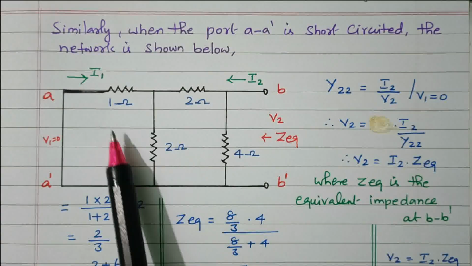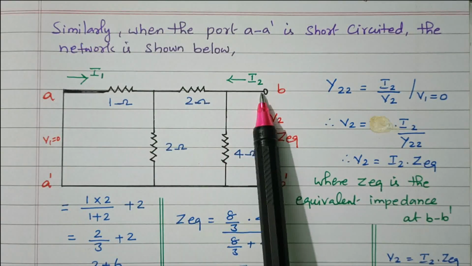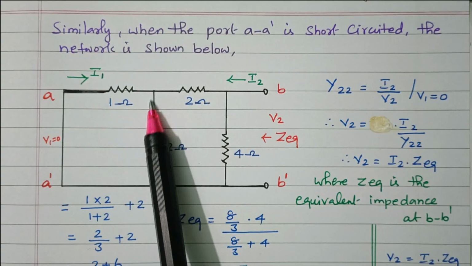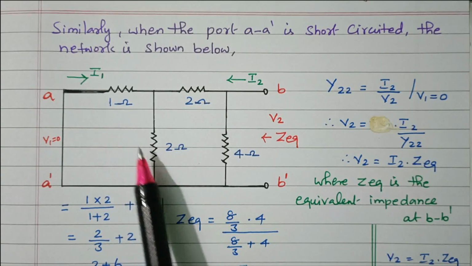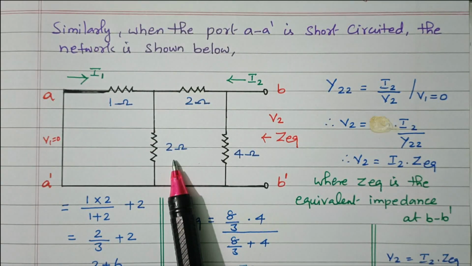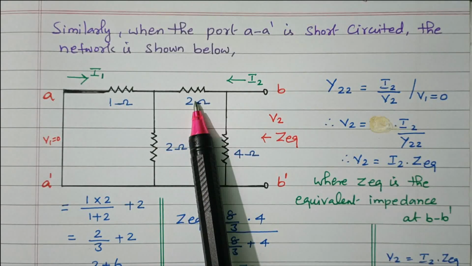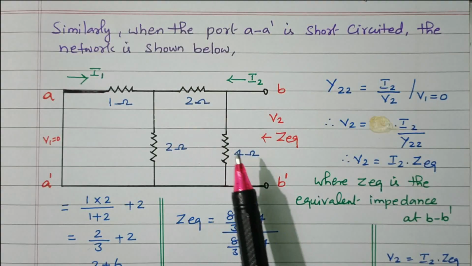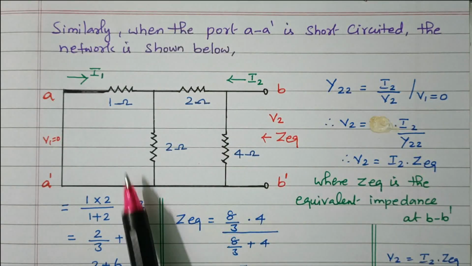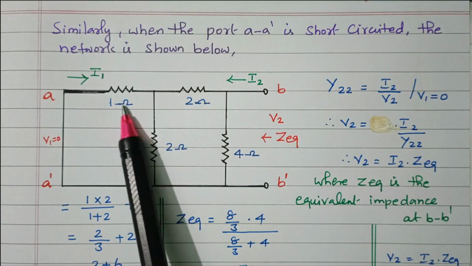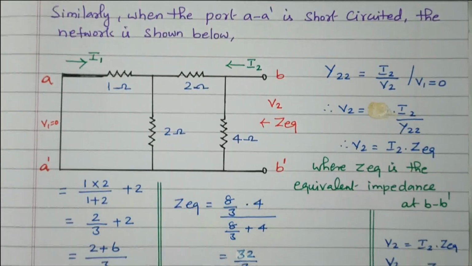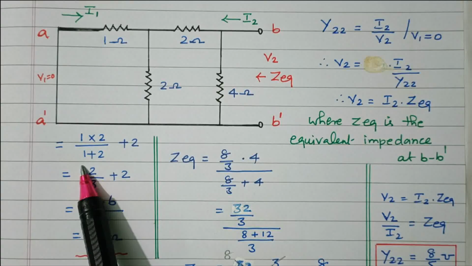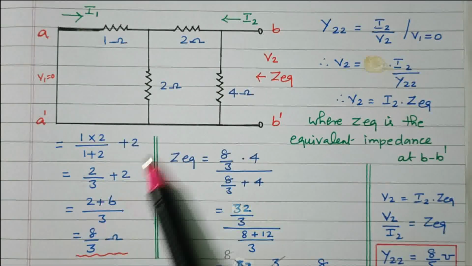So what happened here? The current is diverted here, and the current is diverted here also. So this 1 ohm and 2 ohm are in parallel. That is in series with the 2 ohm. Thereby that value is in parallel with the 4 ohm. First we will find these two in parallel. 1 ohm and 2 ohm are parallel, so 1 into 2 divided by 1 plus 2, plus this 2 ohm.